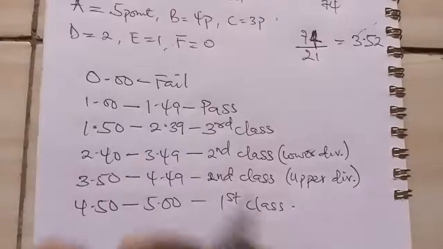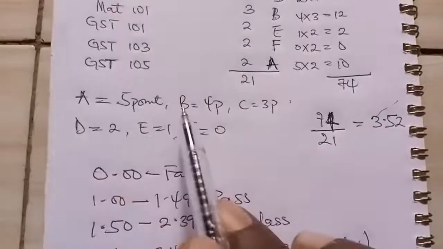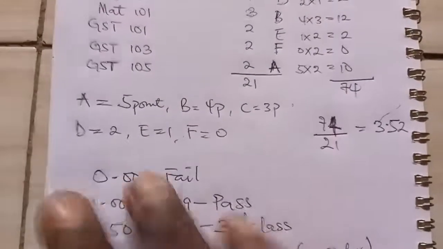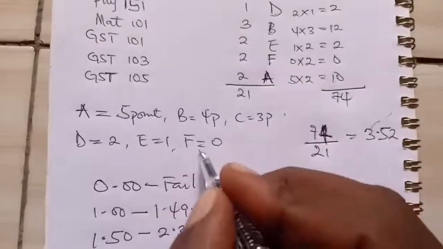So somebody may now ask, well, how do I know that I made an A? How do I know that I made B or C or D and the rest? Let's start from here.